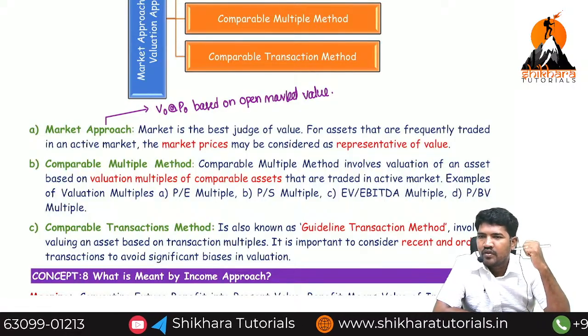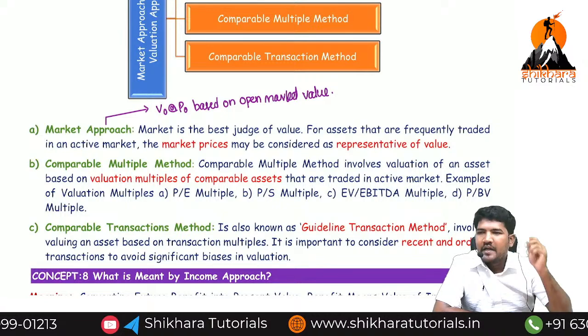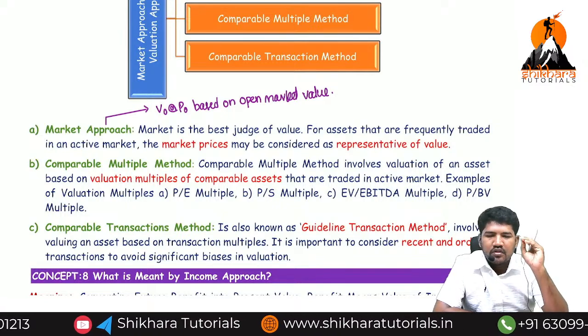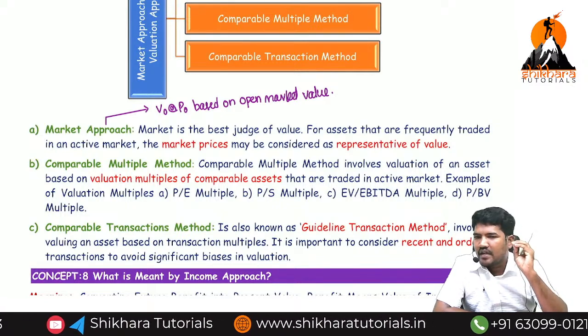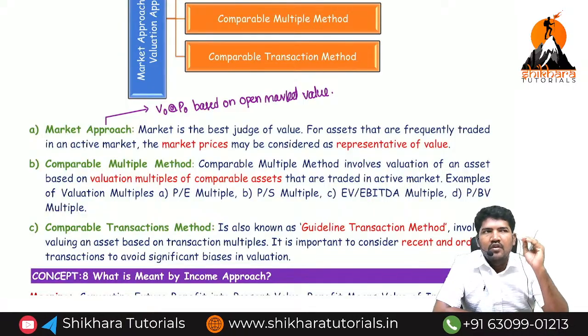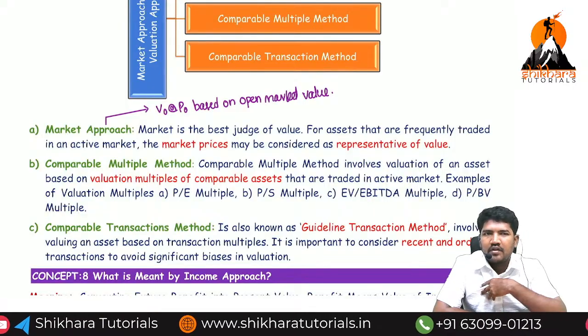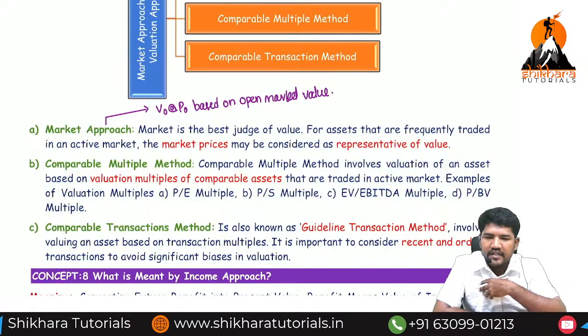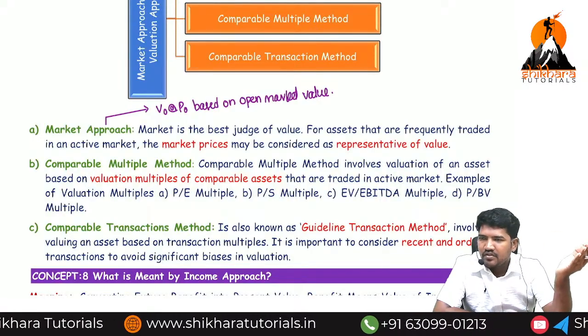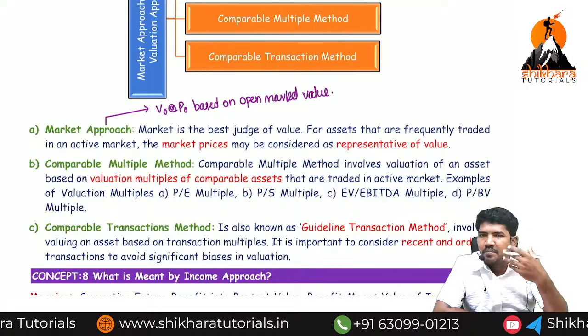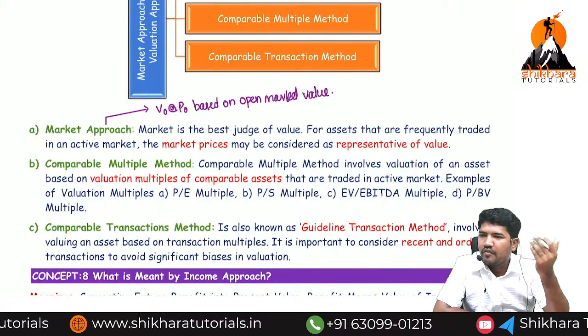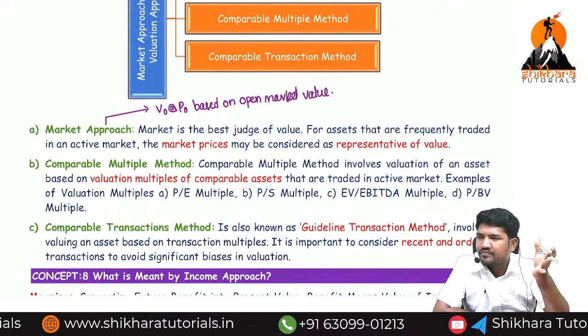Are you okay now? When it comes to the comparable multiples method, I'm giving some clarity here. For example, I am a steel manufacturer. Next, there is a Tata company, also a steel manufacturer. From a size, employment and profits point of view, both are similar.